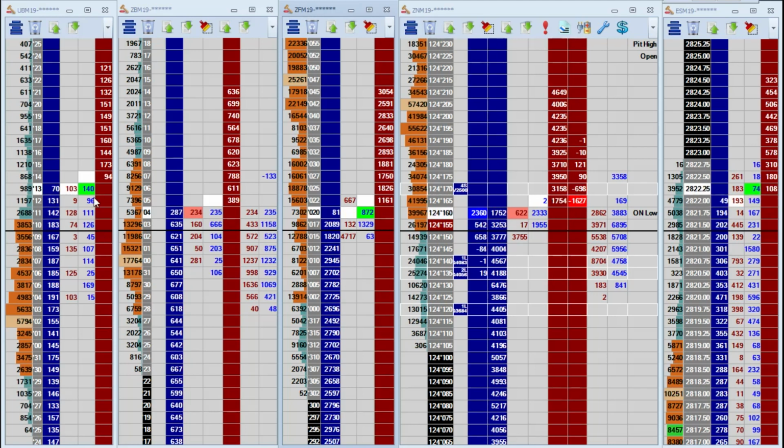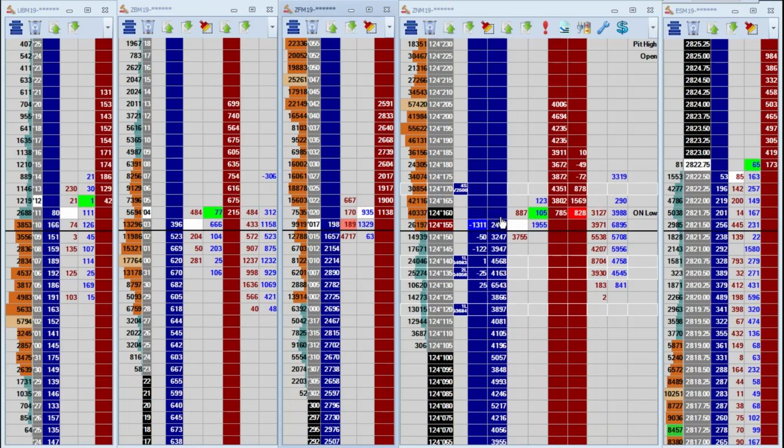Ultra bonds way up, 4 ticks up. We need that ES to push higher to put some pressure on these guys over here.